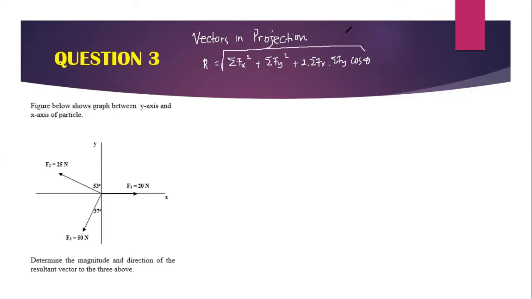But when you go to the projection, it means theta is 90 degrees. So resultant equal to root of sigma fx square plus sigma fy square. Cosine 90 is 0, right? So sigma fx square plus sigma fy square is left for this formula.